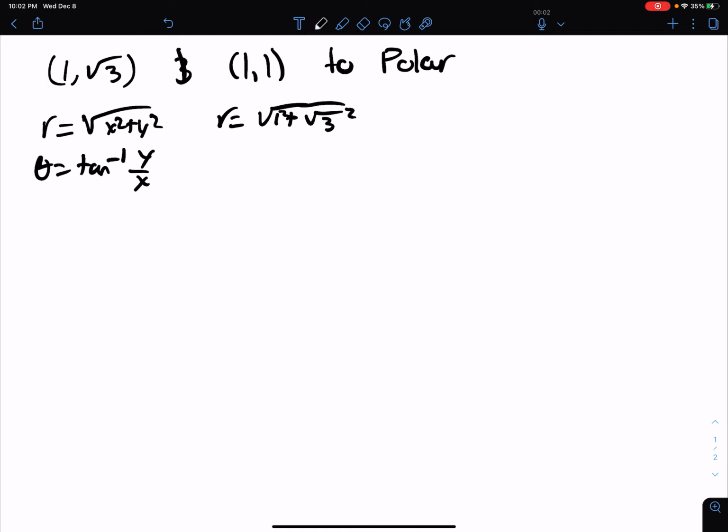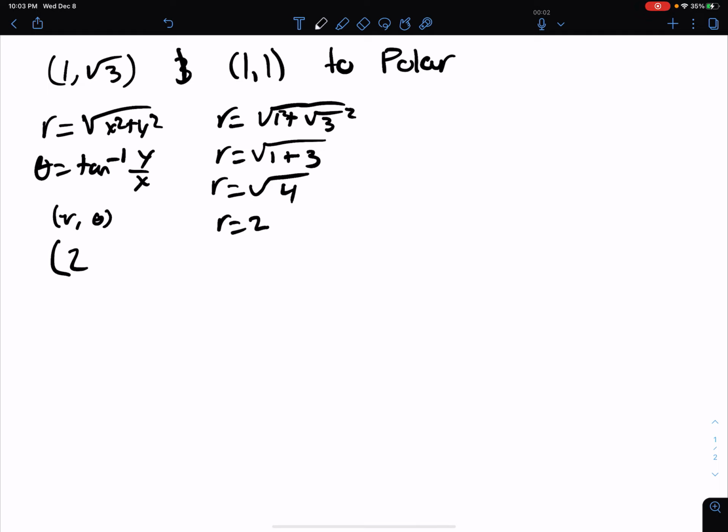We can get rid of that square root for the 3. So r is equal to 2 for the first one. Now we want to find our theta.